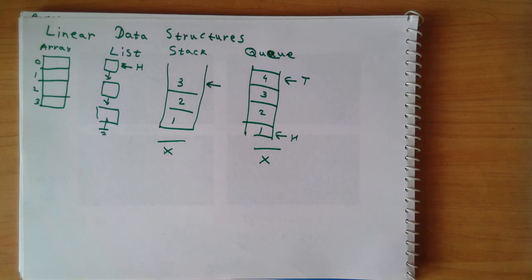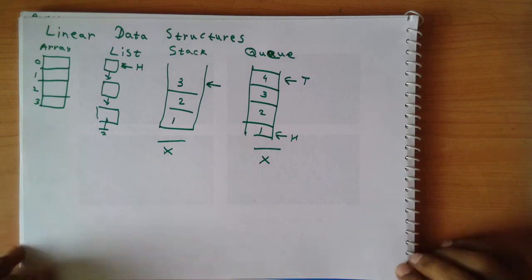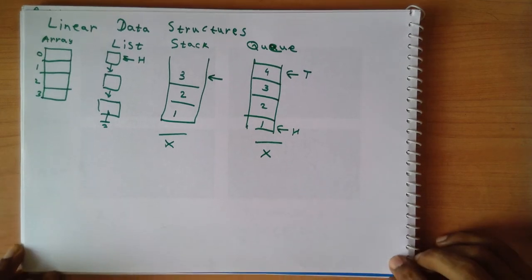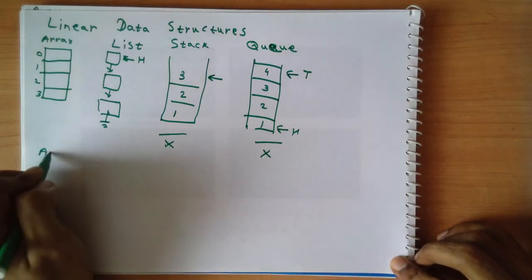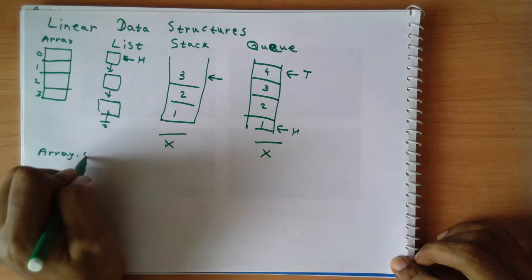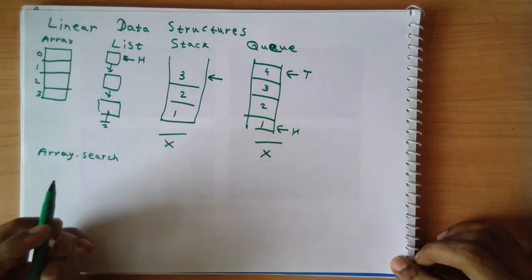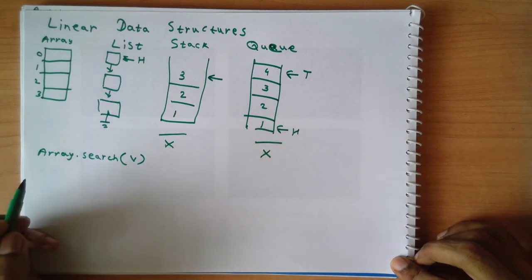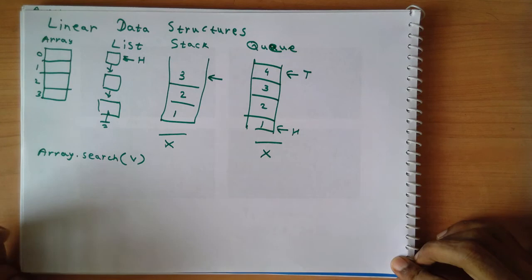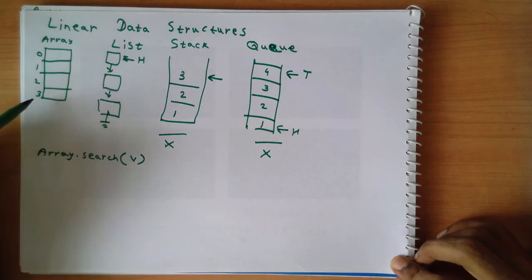So let's first have a very naive and simple method. But before we define the method, let's understand the operation in terms of input and output. So when I define search, if I'm talking about array dot search, what I'm going to do is take as input a value, and then return the index of the element where the value is present.